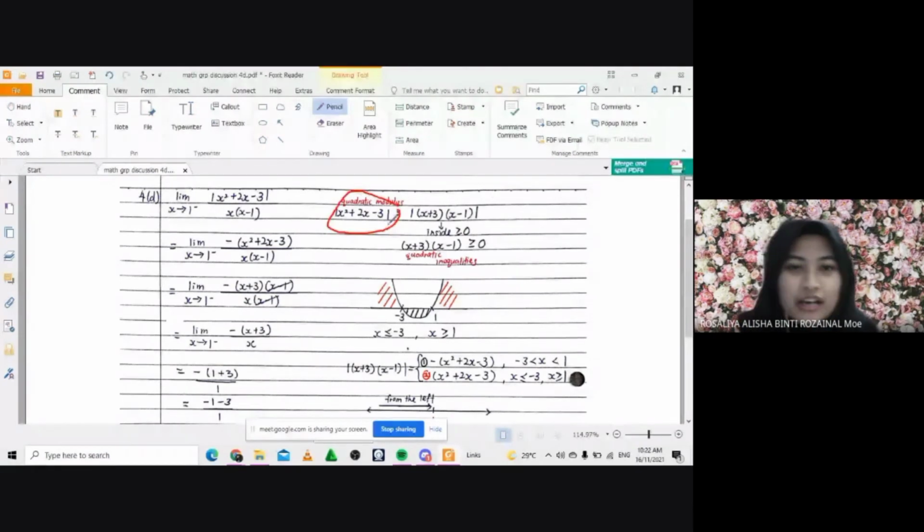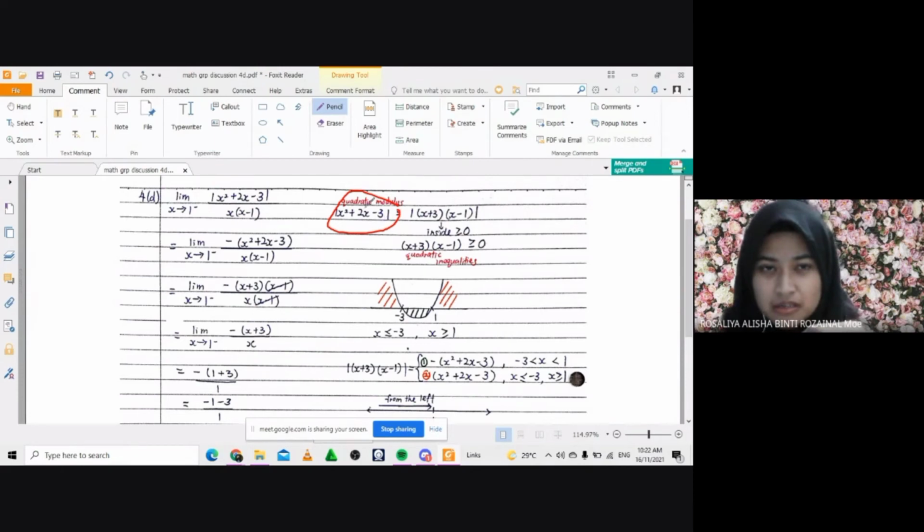Usually for the ABC questions, there is only a normal modulus, and we just try to bring out the modulus, and we just go to this part, right? But for here, because it is quadratic, I need to factorize. So we factorize it to become like this, and the modulus is still there.